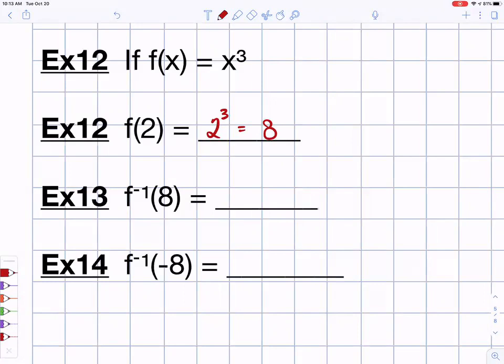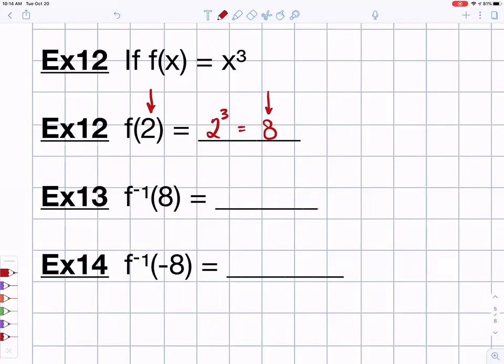All right. What does inverse mean again? Interesting fact number 1: undo buttons. Interesting fact number 4 also says what? That the x value becomes the y value and the y value becomes the x value. Notice this 2 here is my x value on the original, and the 8 is my y value on the original.